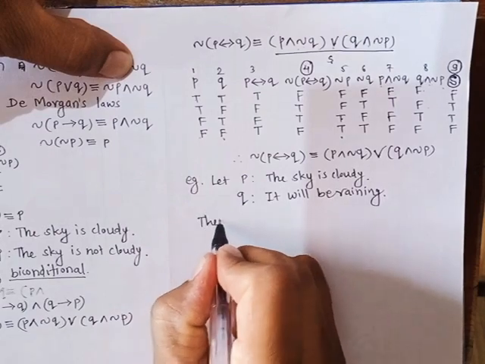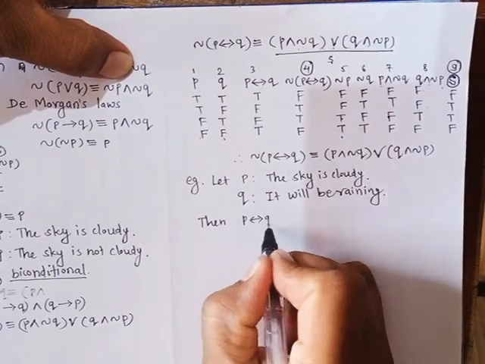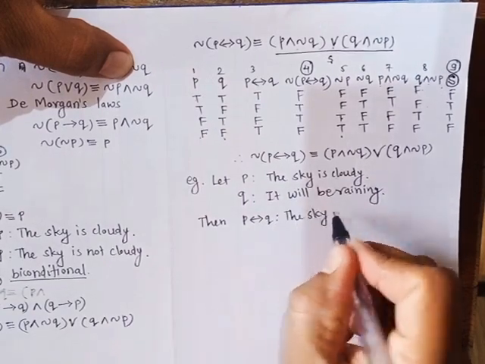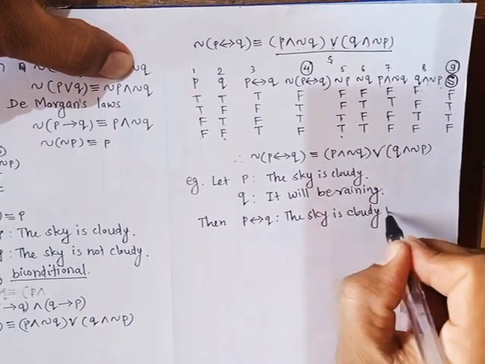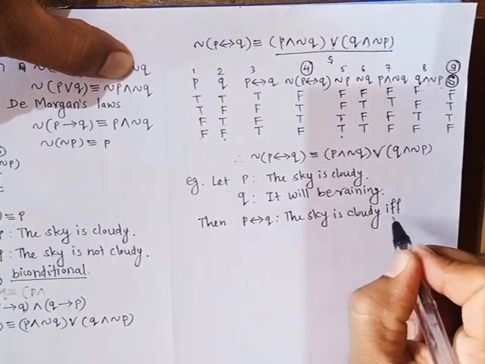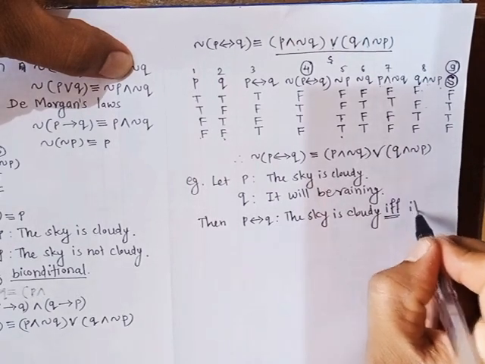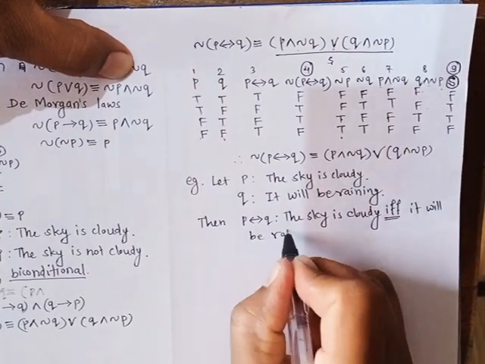Then P if and only if Q is the statement such that the sky is cloudy if and only if it will be raining.